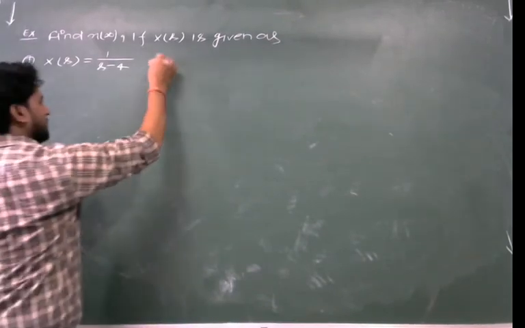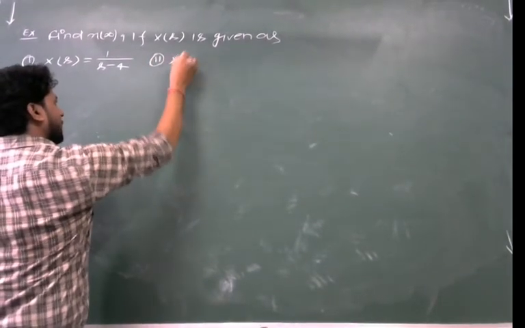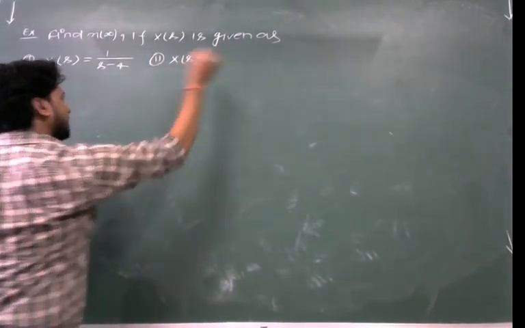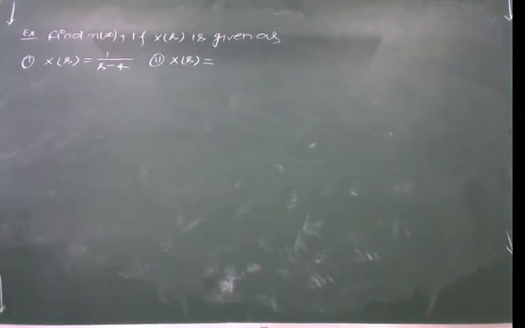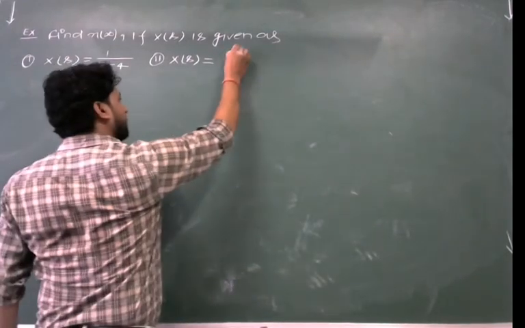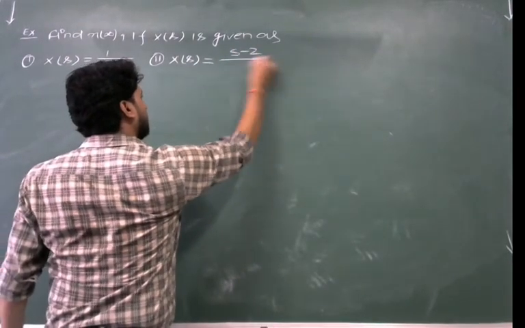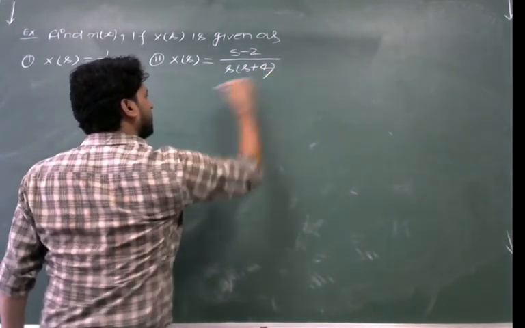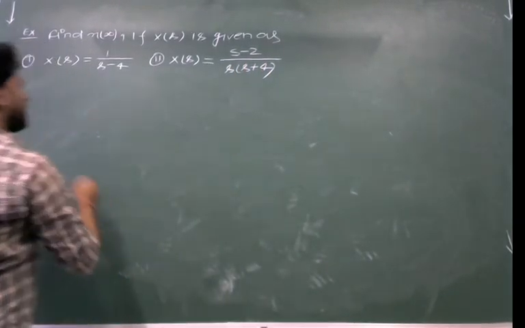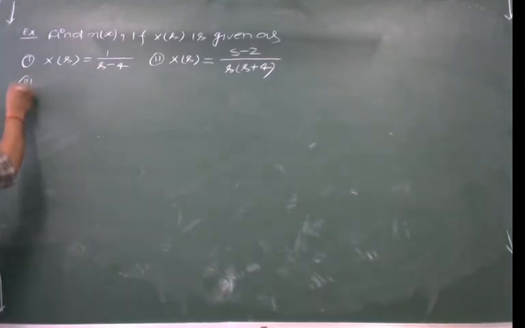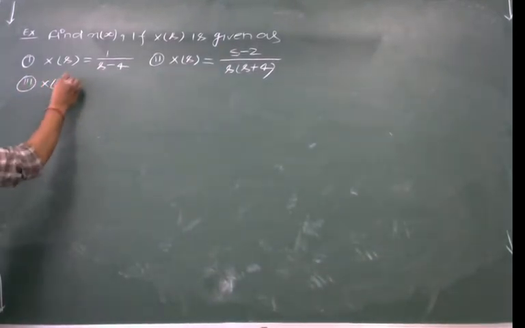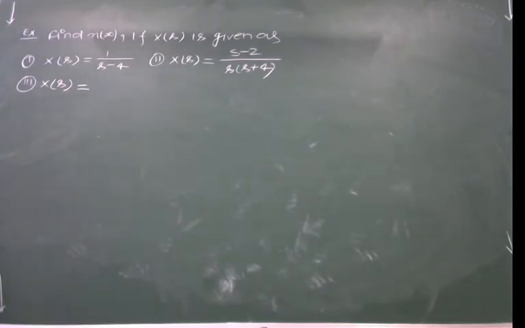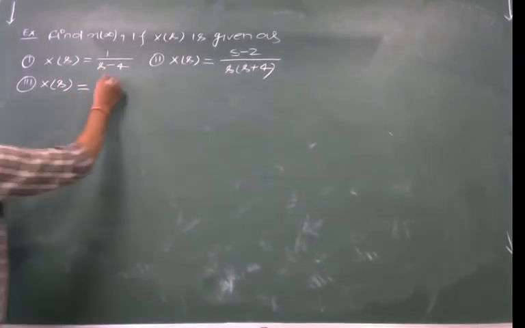The second example says x of s is equal to s minus 2 upon s into s plus 4. The third example is x of s is equal to 2 upon s square plus 3.